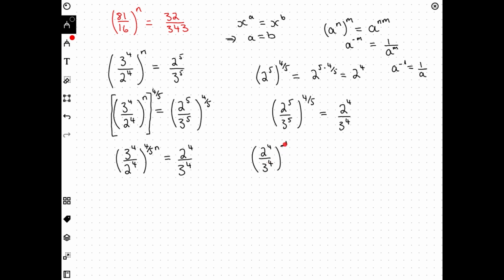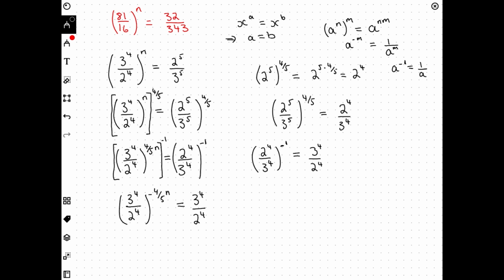If I raise it to the power of minus 1, I would end up with 3 to the 4 over 2 to the 4. It would be the reciprocal. So what I do to one side, I must do to the other. Do this, and I'd end up with 3 to the 4 over 2 to the 4, to the minus 4 over 5n, just multiplying these together, would equal 3 to the 4 over 2 to the 4.